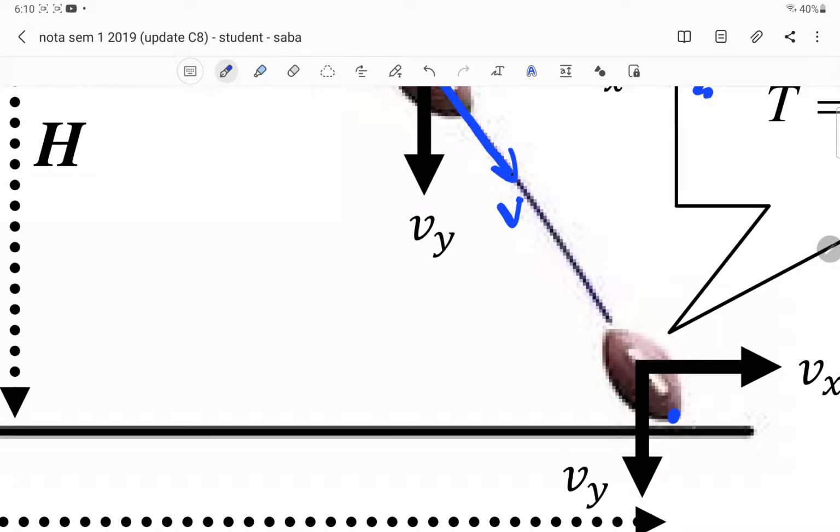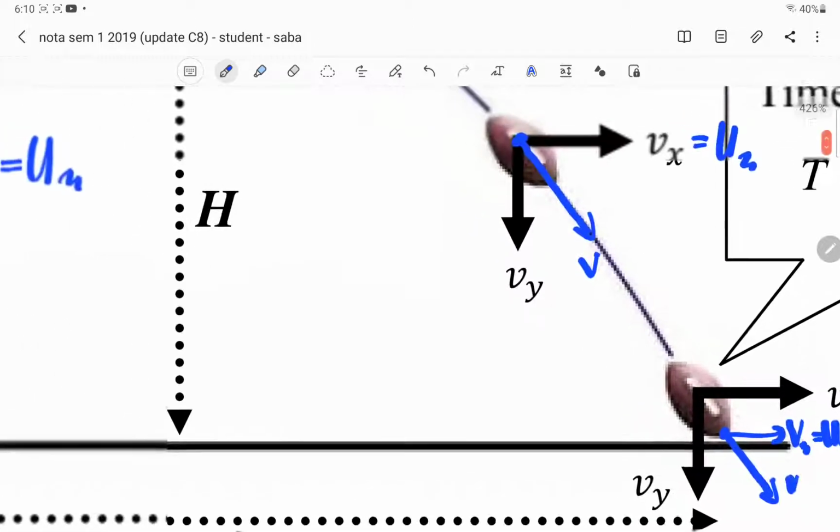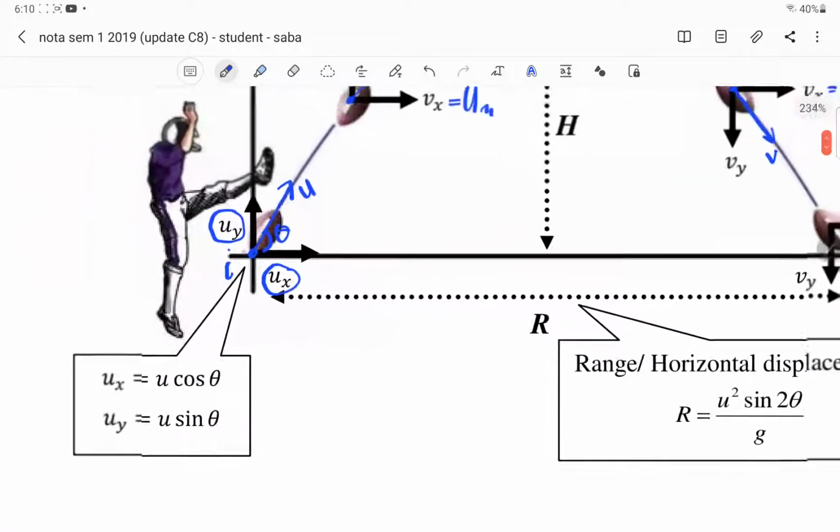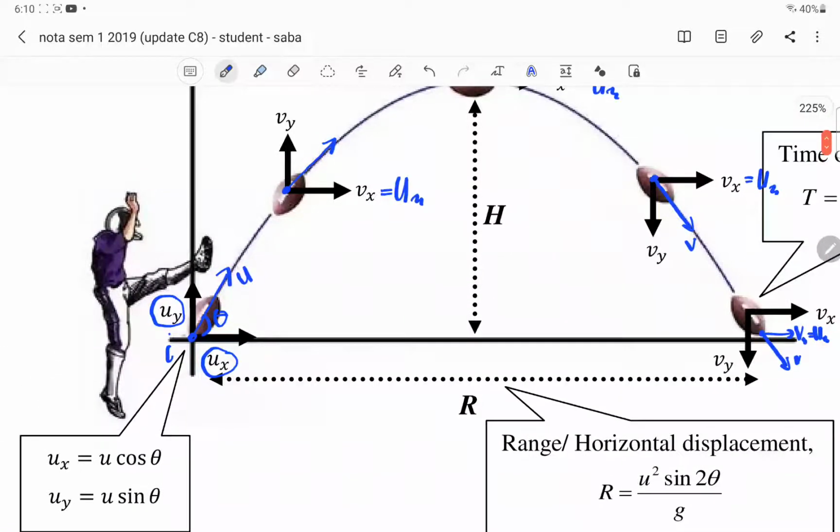So the velocity, magnitude of velocity is in this direction. Velocity in X component, Vx is equals to Ux, and Vy is downwards. So kita refer terus kepada penyelesaian untuk soalan.